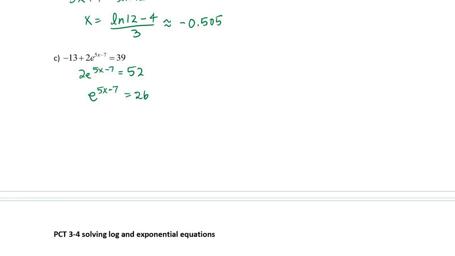In order to get the variable out of the exponent, I have to take the natural log of both sides, or log base e of both sides. So if I do that, I just get 5x minus 7 on the left, and I get natural log of 26 on the right. I am then going to add 7 and divide by 5. So x is going to be natural log of 26 plus 7, the whole thing divided by 5. And when I put that into my CAS, I get 2.052.